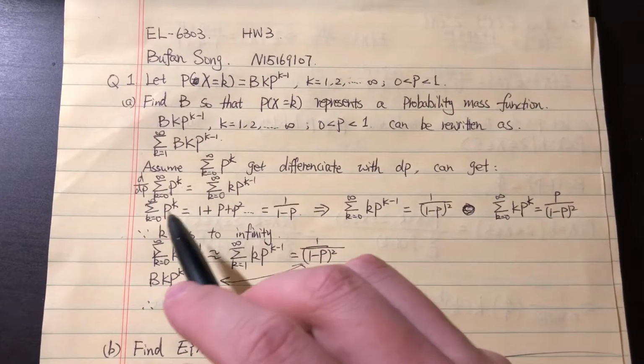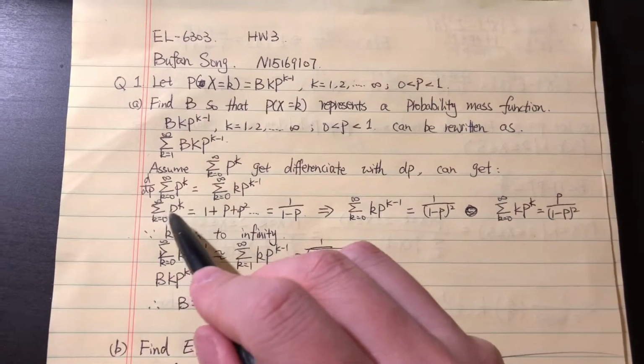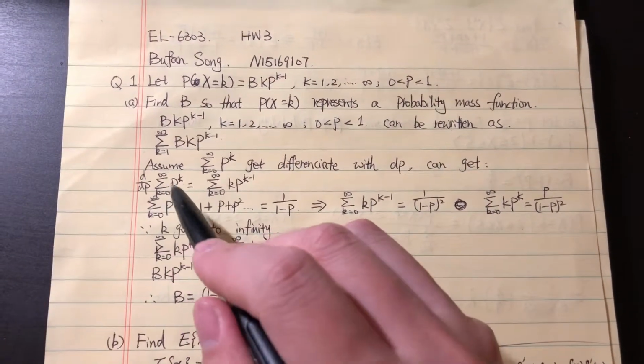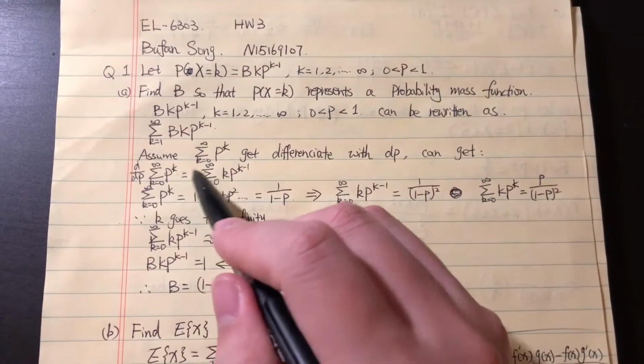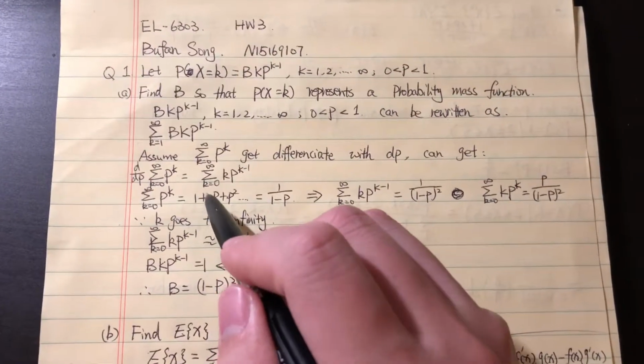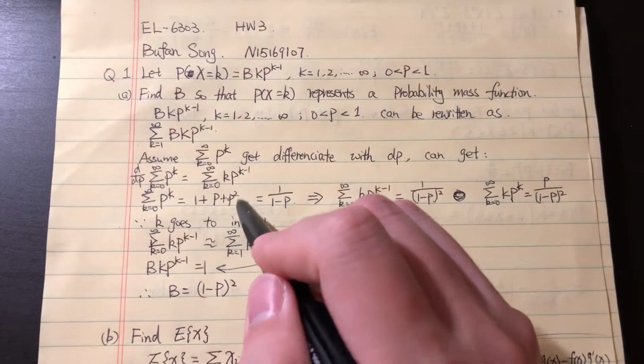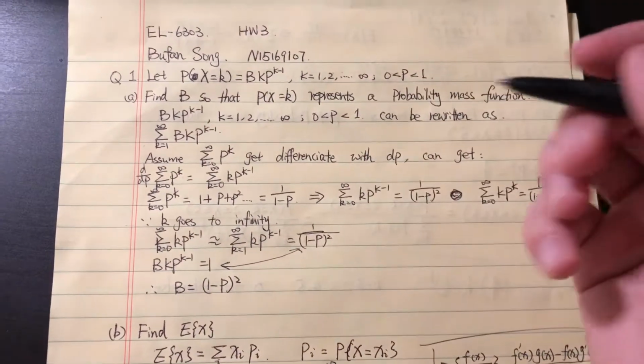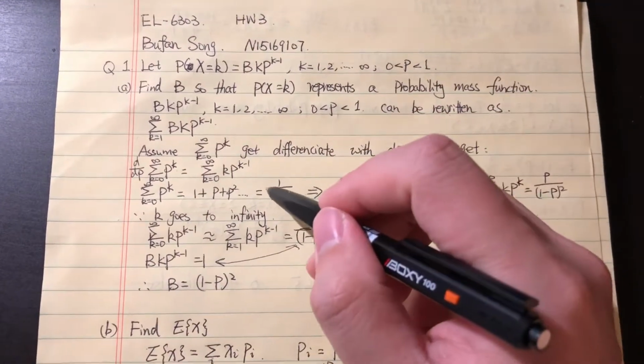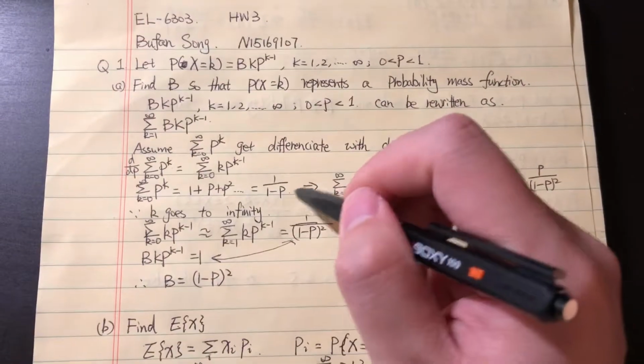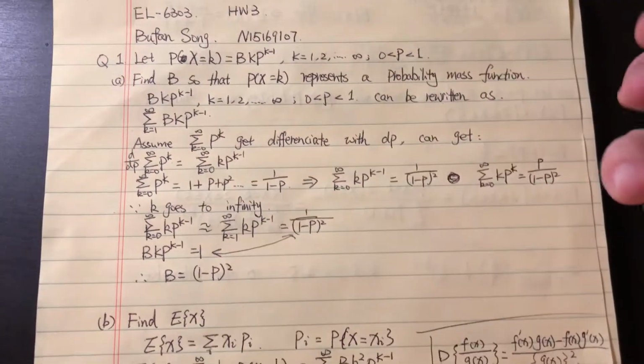Also, the sum of p to the power of k is equal to 1 plus p plus p squared and so on to infinity, which we can rewrite as 1 divided by 1 minus p.